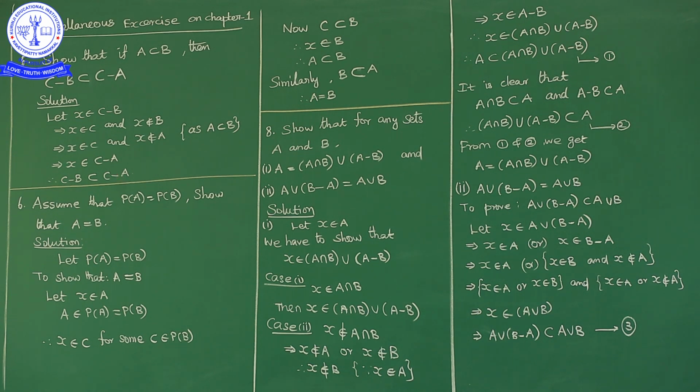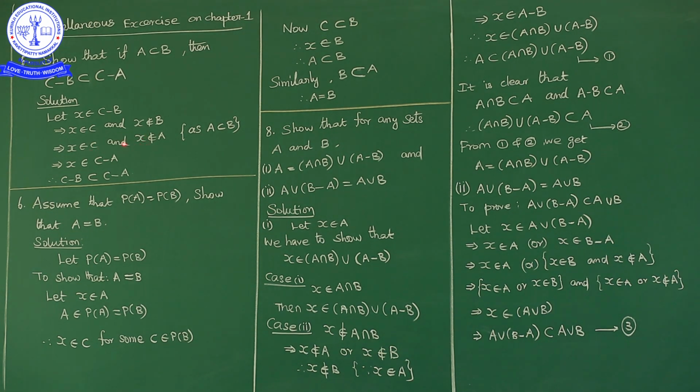Now, here C is any set. If A is a subset of B, we have to prove that C minus B is a subset of C minus A. For this, we will take some arbitrary element in C minus B, and we will prove that that element lies in C minus A. Now, let x belong to C minus B. It means x is an element of C and x is not an element of B. So, as x does not belong to B, obviously x does not belong to A also.